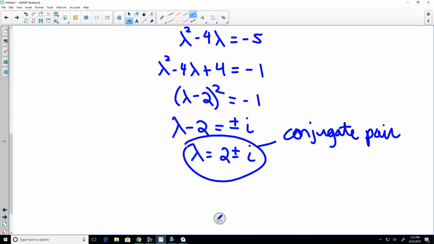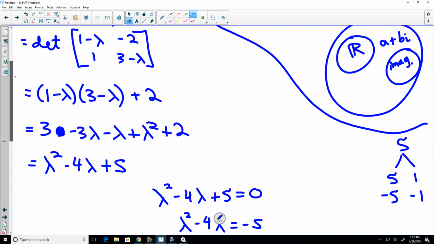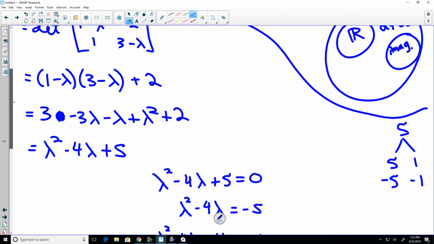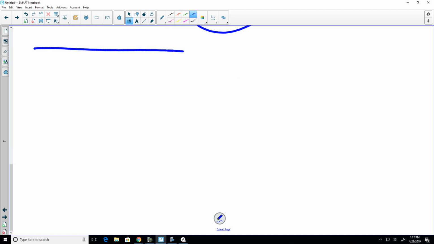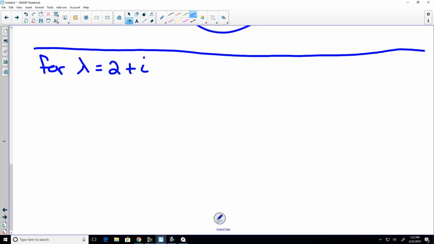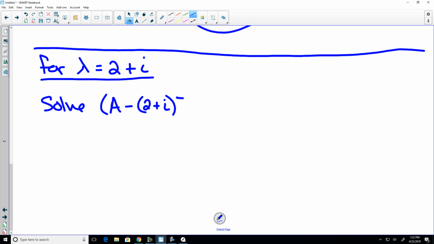So now we need to find a basis for the eigenspace, and it says the first one's going to be a plus bi. So let's use 2 plus i. So we're going to find eigenvectors for this eigenvalue, lambda equals 2 plus i. We need to solve this equation: A minus lambda I, and this is the different I, this is the identity I, times x equals 0.